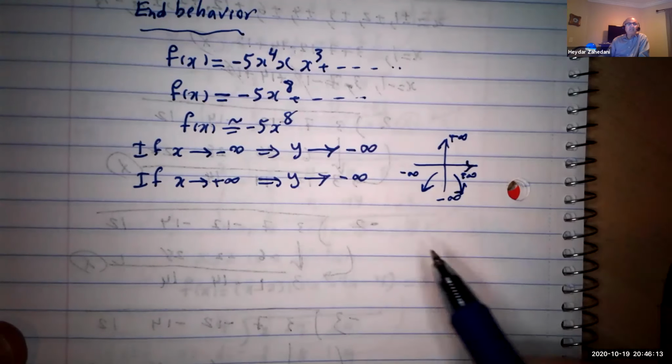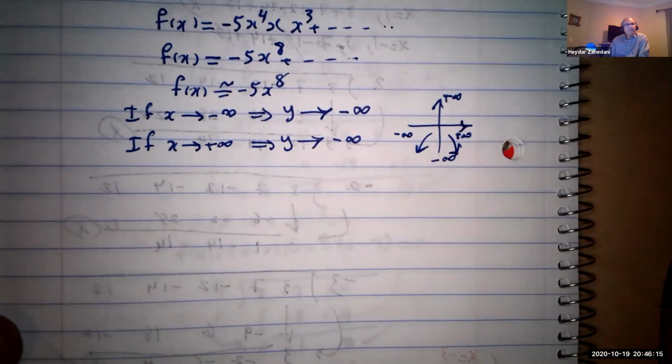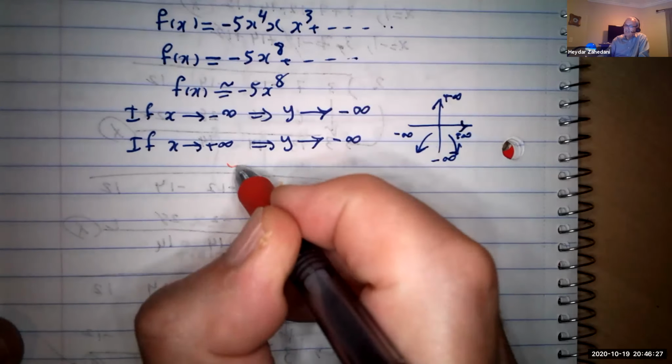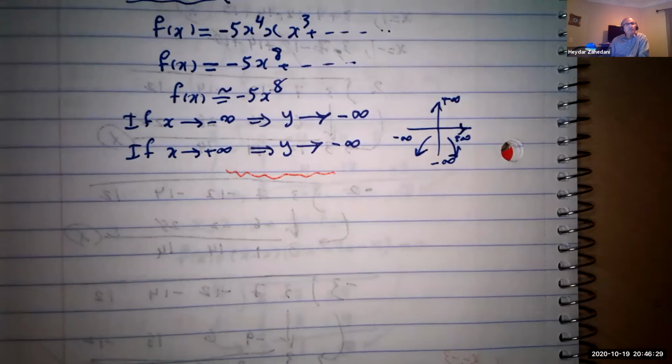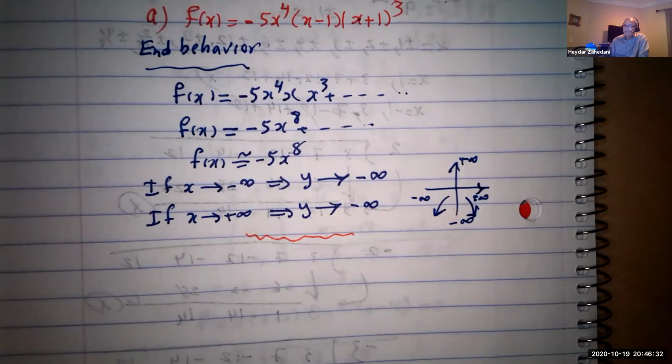So this must be the format of your graph: down, down. That will help you when you want to do it. Any question? So that's the end behavior, infinity. This part, if in case you take calculus, would be very useful, shrinking one.